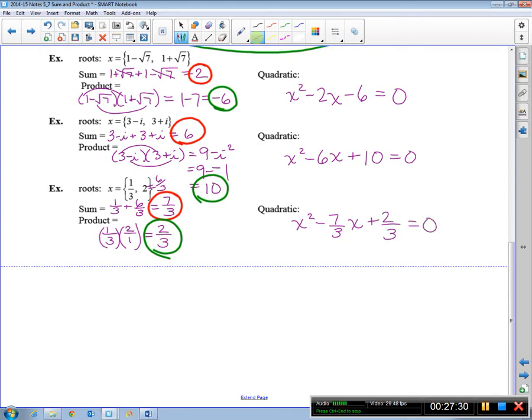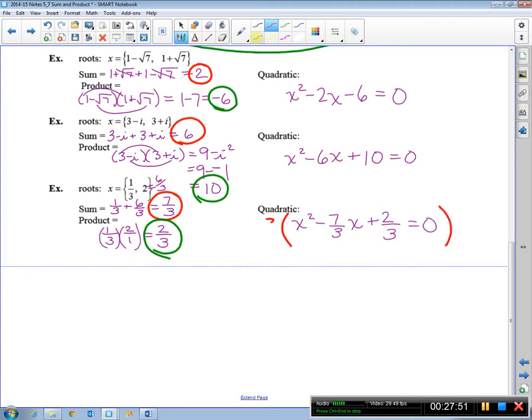Because we don't have quadratics that have fractions as our coefficients. They're always integers. So what could I do to this quadratic to fix it up? Make our coefficients integers.